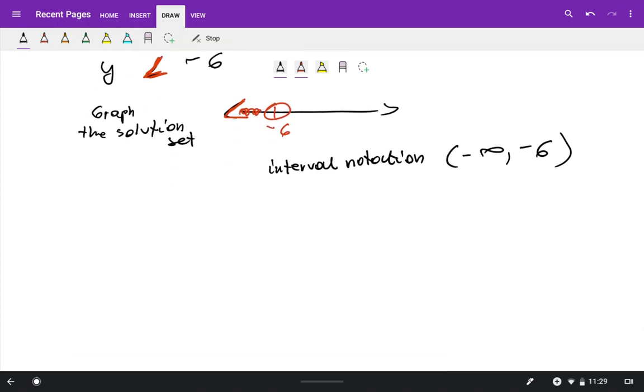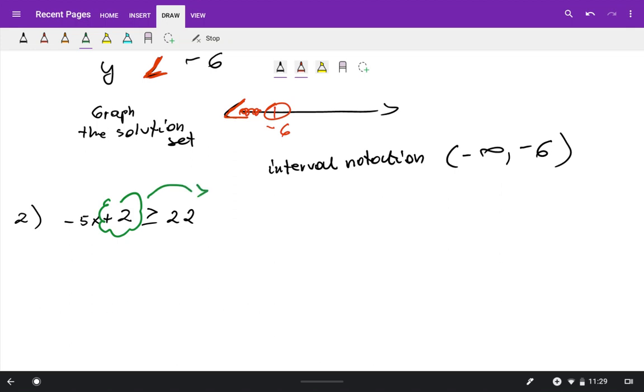Okay, let's do the second example. We have negative 5x plus 2 greater than or equal to 22. I need to keep only the variable on the left side, so positive 2 has to be moved to the right side.